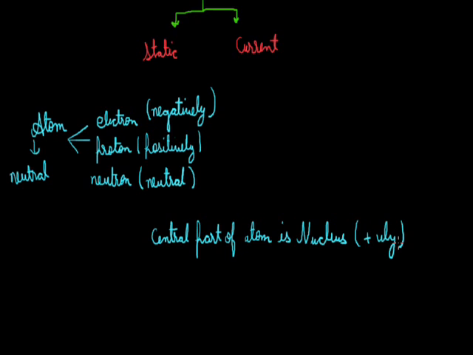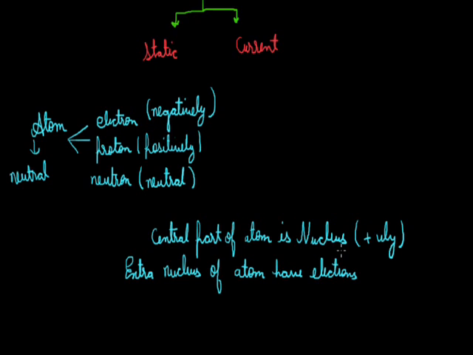So the central part of the atom is the nucleus, while the part except the nucleus is termed as the extra nucleus part. In the extra nucleus part of the atom, electrons exist. These electrons revolve in shells which have a definite path to revolve around.